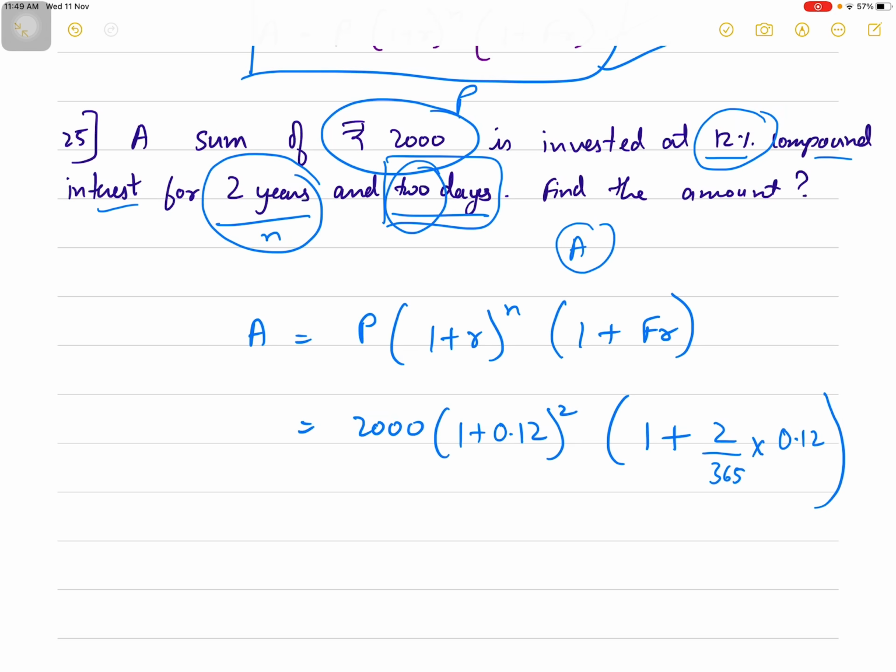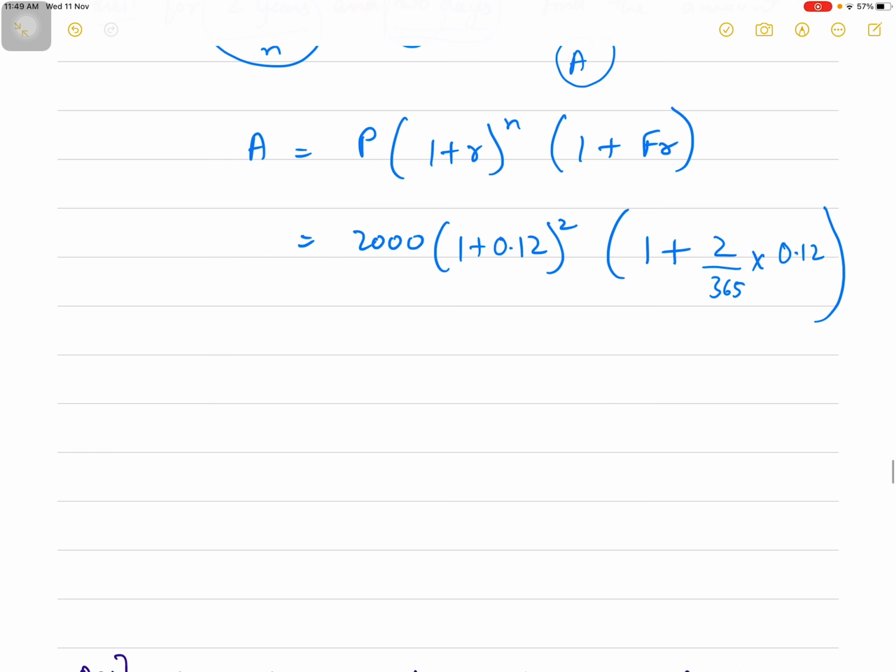So this is the formula. Okay, so let's solve this. 2000, 1.12 raised to 2. BODMAS rule, first you will multiply, divide, and then you will add and subtract. So 1 plus 2 into 0.12 divided by 365.